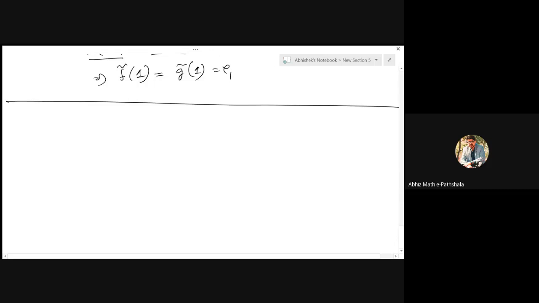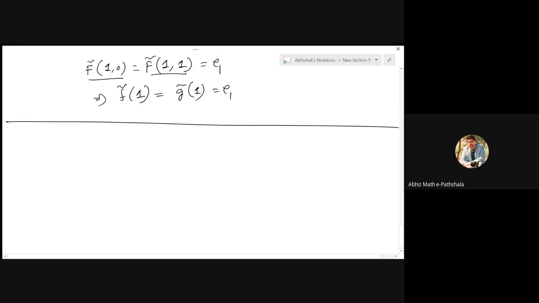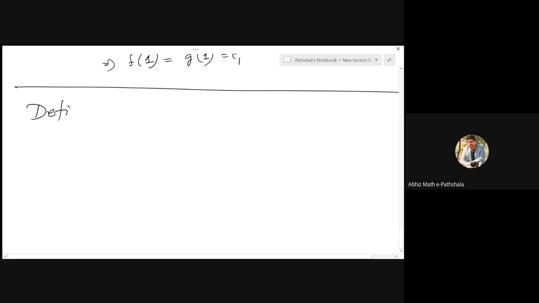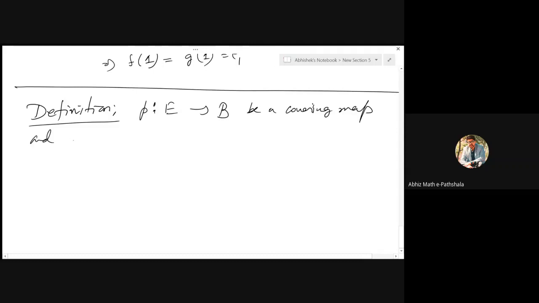So I can set up a map. Let us take first a covering map p from the space E to B, and we specify one point b0 in B, and in p inverse b0, let e0 be such that e0 is mapped to b0 via p.